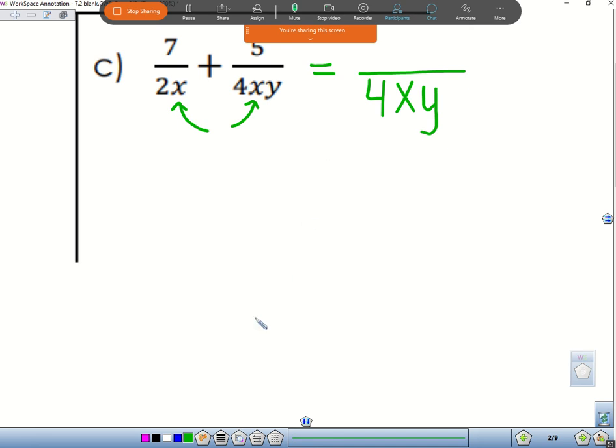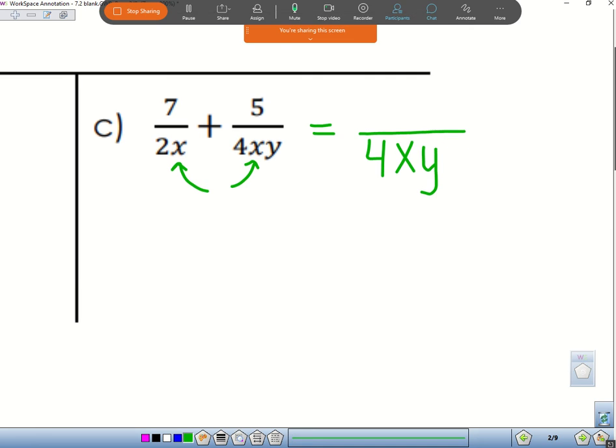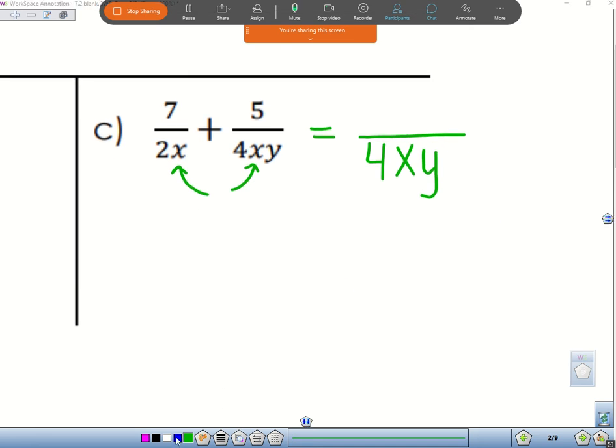Okay. So now that we've done all of that, we figured out what our common denominator is. We can multiply this first fraction by what on the top and bottom? 2y. Whatever is in the common denominator that this one doesn't already have. Okay?